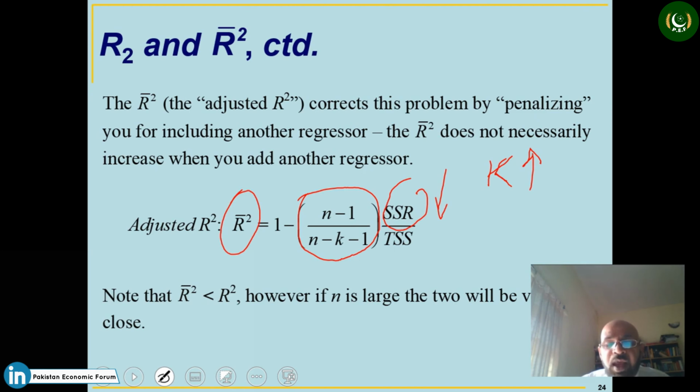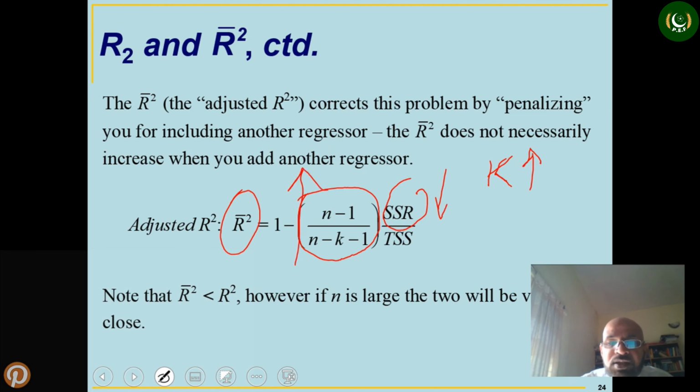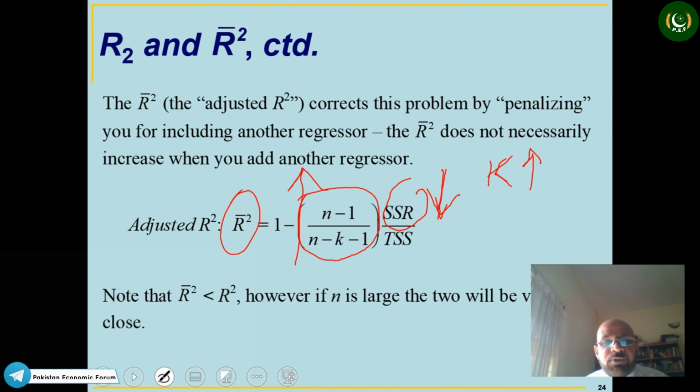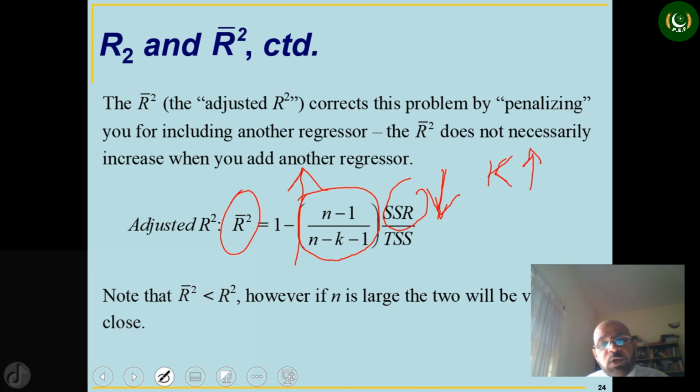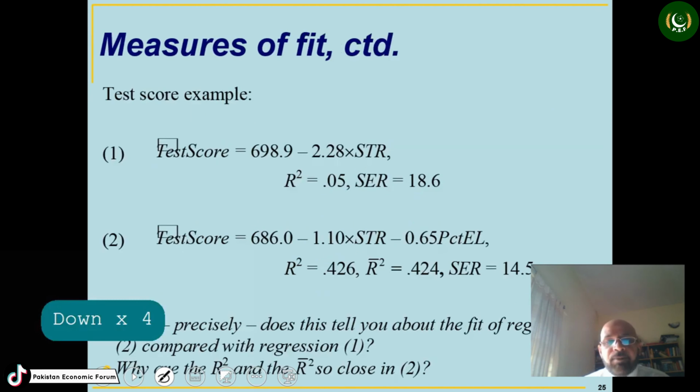So as k increases, this number will increase, this number will decrease. So it's not necessary that adjusted R square will increase. Adjusted R square will be either equal to or less than R square.